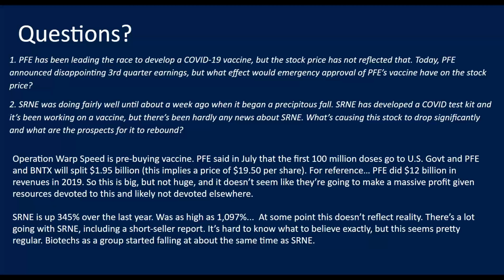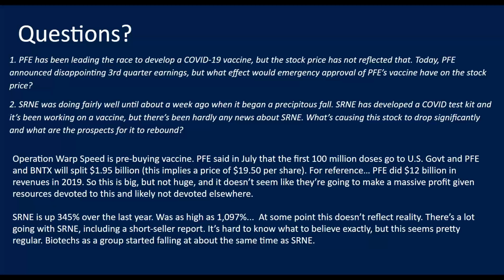I mean, if 2 vaccines get approved on the same day, or you get 2 in the same week even, I don't know, given how much the government has pre-bought, actually selling new vaccine is out a ways, and then you've got to look at market share and things like that, which I don't think anybody has any idea how to really consider at this point. And the other thing is PFE did $12 billion in revenue in 2019.